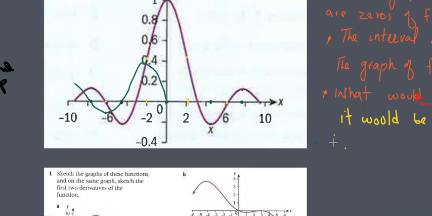I will get the negative f prime of x, and I will get the turning point for the derivative function at this point, right? So I will get a curve like this. Is it clear?